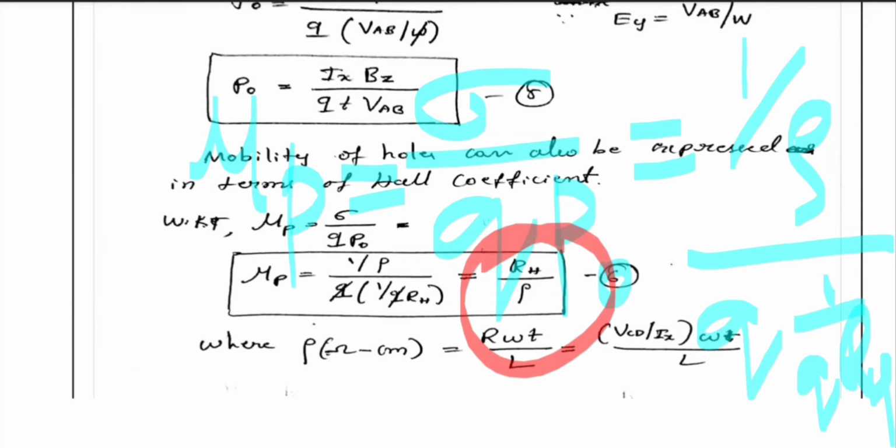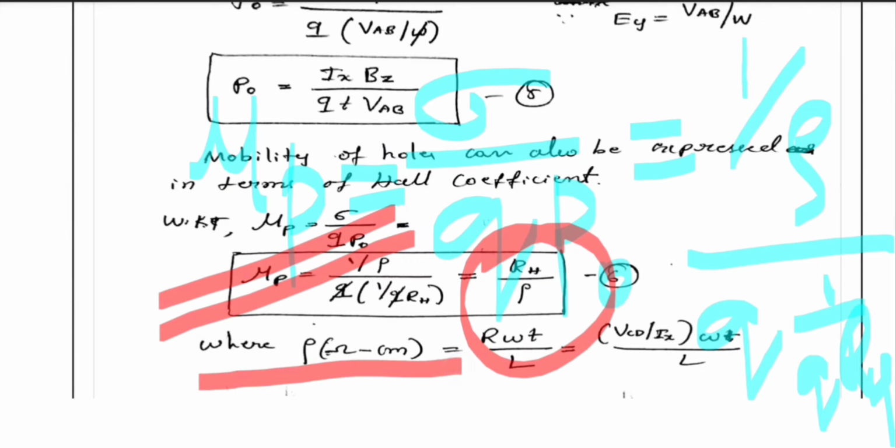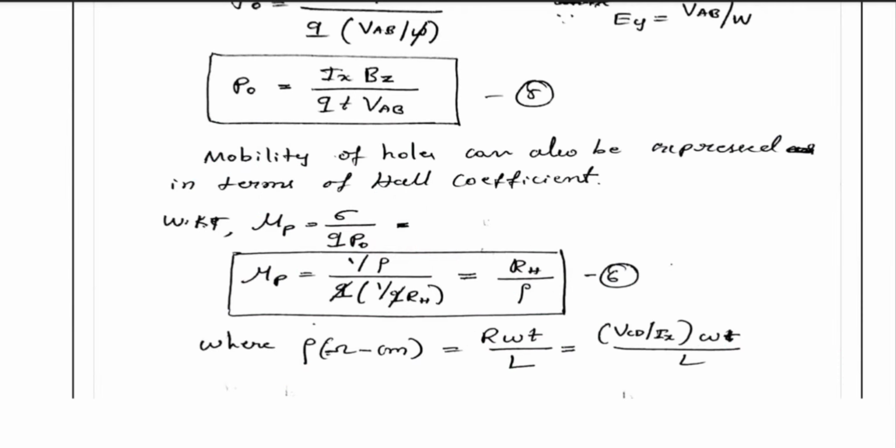So mobility of holes is nothing but Hall coefficient divided by resistivity. Both are constant values, so we can easily find out the mobility of holes. What is rho? Rho is resistivity in ohm centimeter. That is R, resistance, into area Wt divided by length of the semiconductor. So this also can be easily found out.